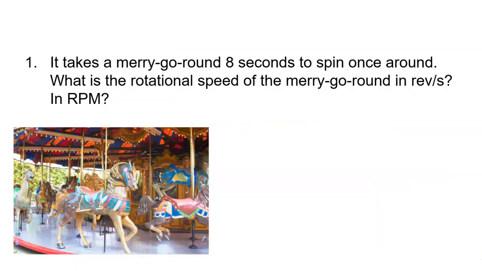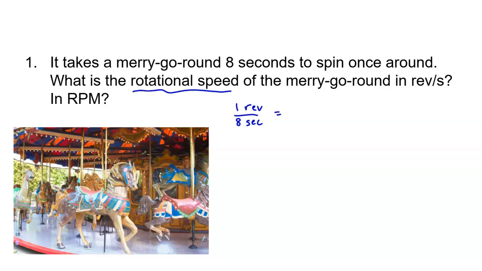Now let's take a look at some examples of rotation problems. Question number 1 says it takes a merry-go-round 8 seconds to spin once around. What is the rotational speed of the merry-go-round in revolutions per second and in revolutions per minute? So we're starting with 1 revolution in 8 seconds, and we want to calculate the revolutions per second.